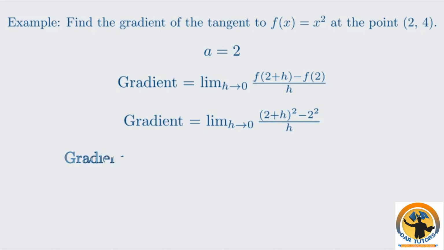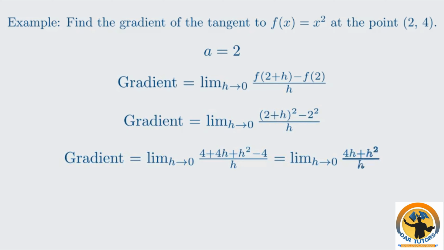Next, we expand the numerator. (2 + h)² is 4 + 4h + h². Subtracting 4, we are left with 4h + h². We can factor out an h from the numerator, giving us h(4 + h). The h in the numerator and the h in the denominator cancel out as long as h is not 0.